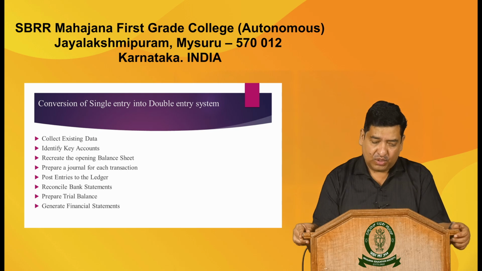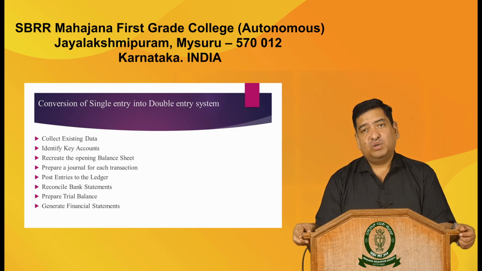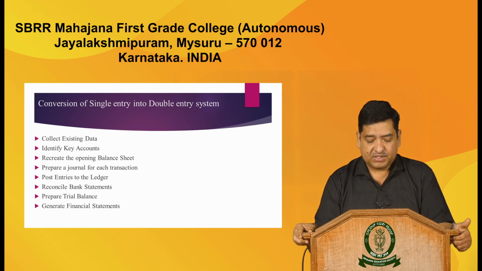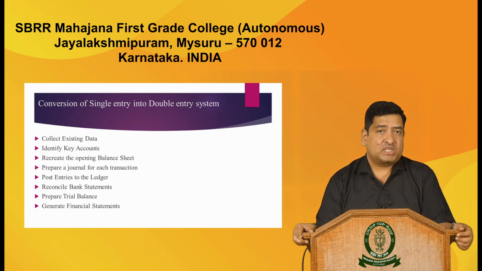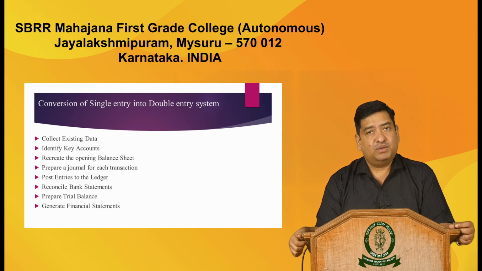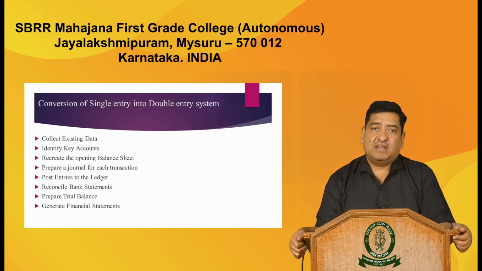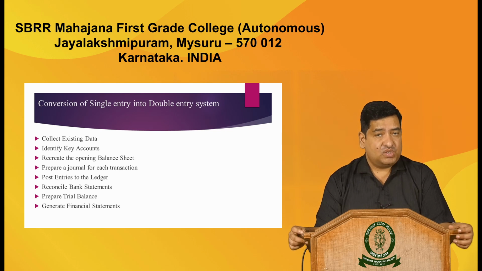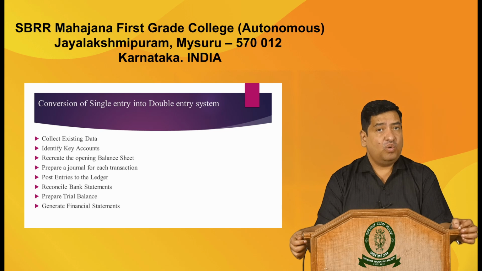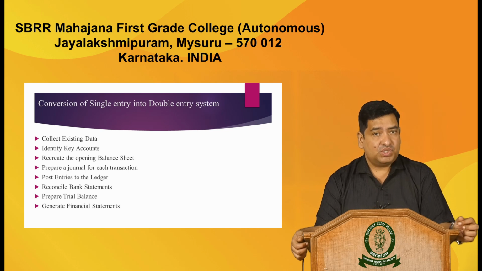So here also you prepare a journal for each transaction, post entries into the ledger, reconcile the bank statement, prepare a trial balance, and at last generate the financial statements.